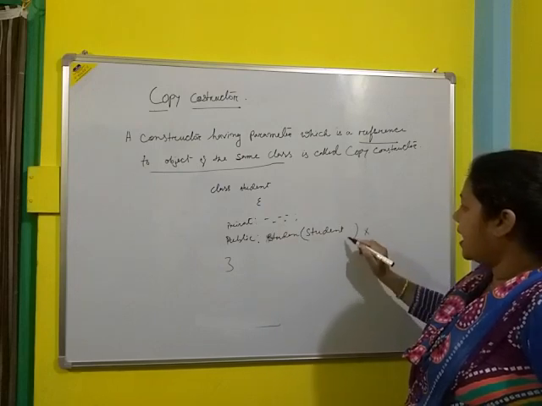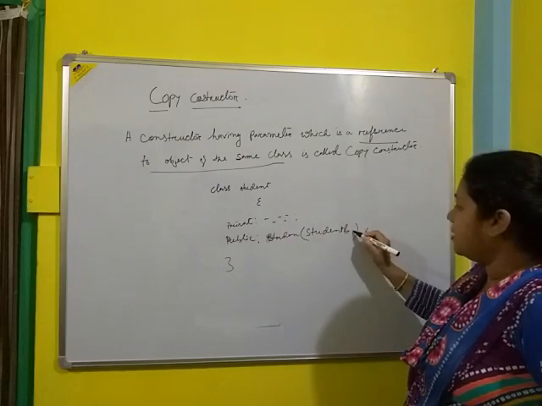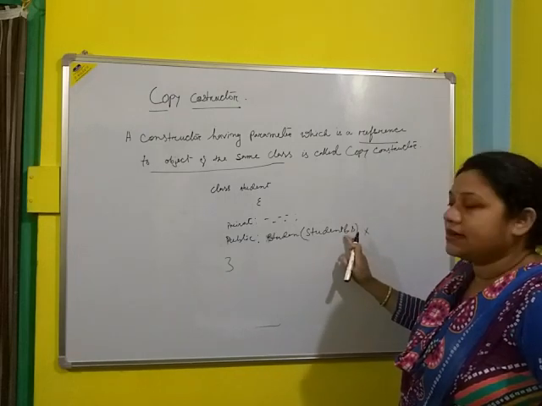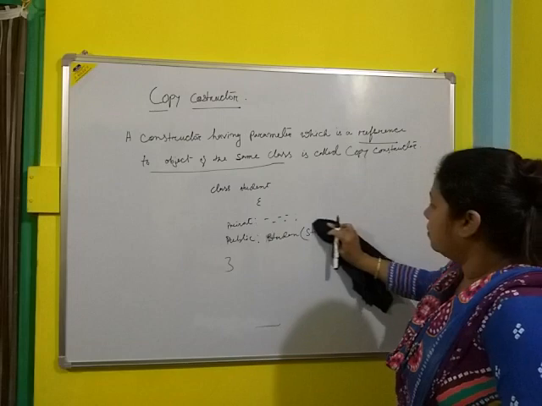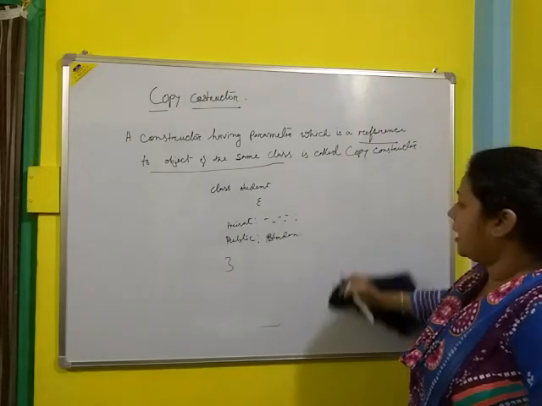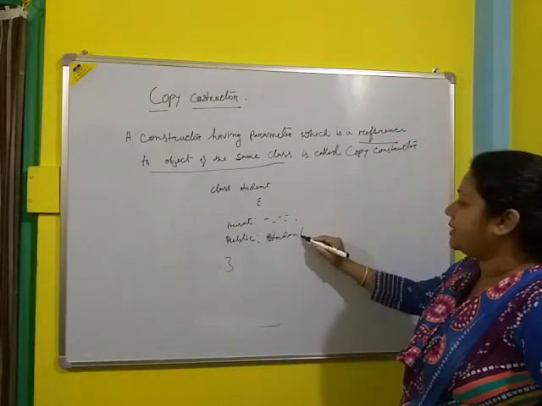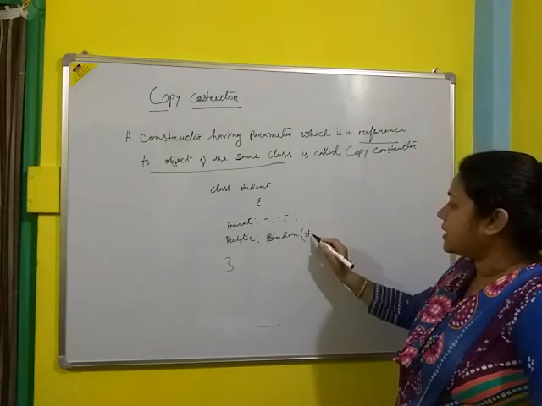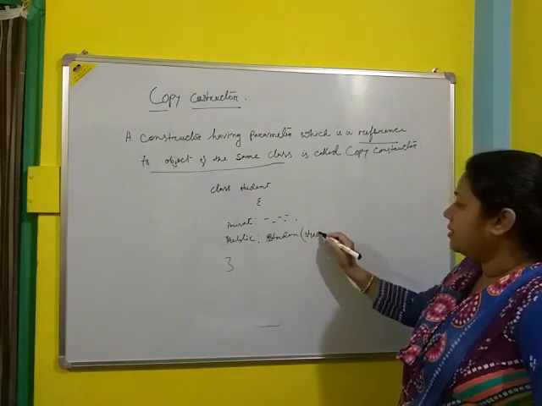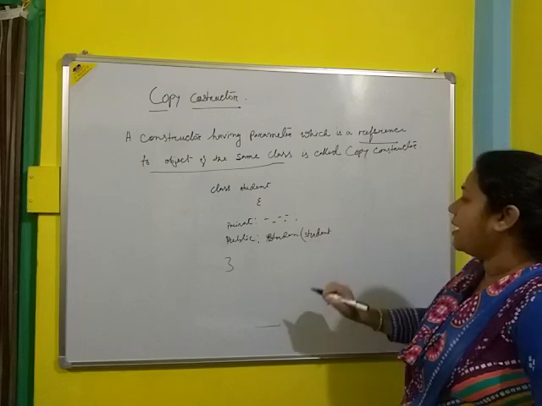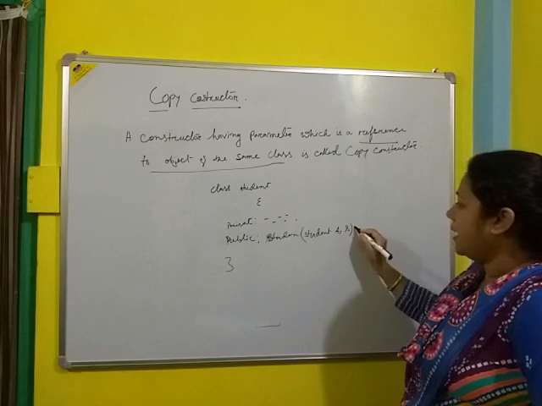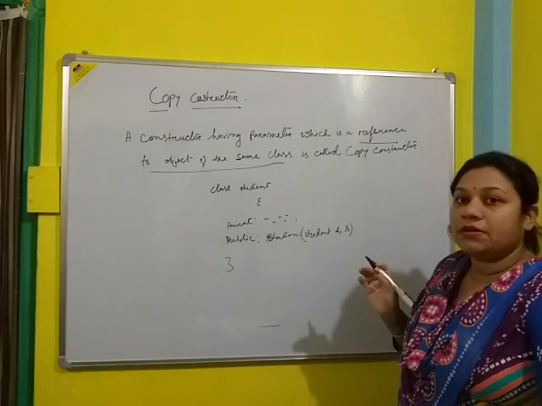Okay, so here I write ampersand S. So look at here, ampersand, this is an address operator. Okay, so when you give the address of an object to the constructor, then this is known as reference method. Student S.